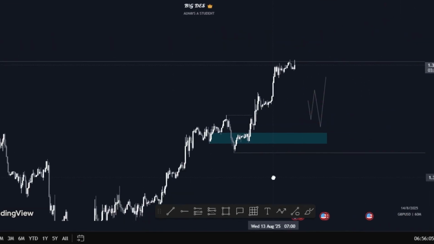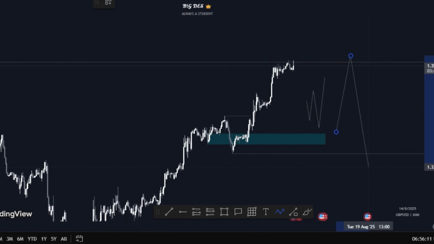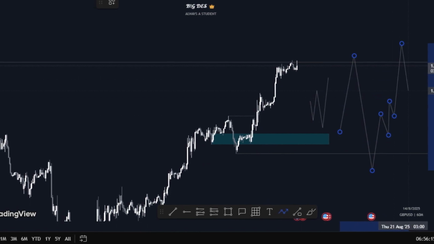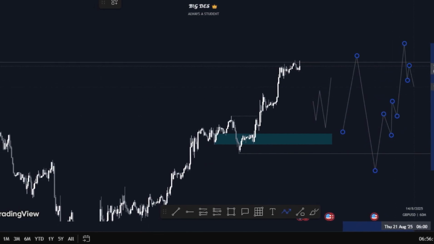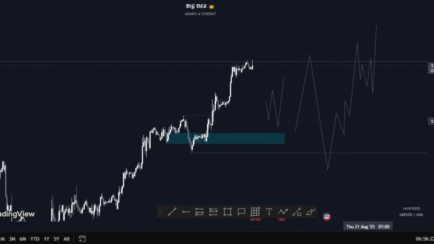Because although we've taken out our buy side liquidity, price can give us some form of extra pushes before coming back lower.